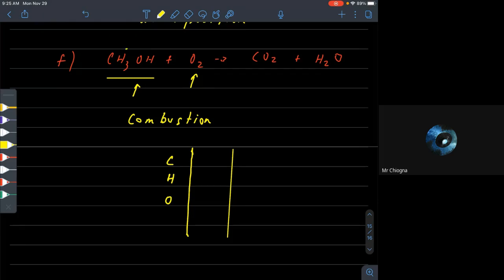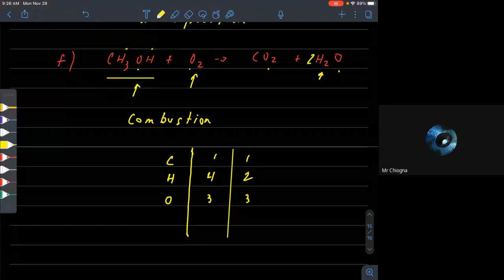There's 3 here. Plus 1 is 4. Hydrogen here is 2. Oxygen on the left is 1 there, 2 there, 3. On the right, 2 there, 1 there, 3. So balance the hydrogen. Put a 2 in front. That makes it 4. And now there's 2 plus 2 oxygen for a total of 4.